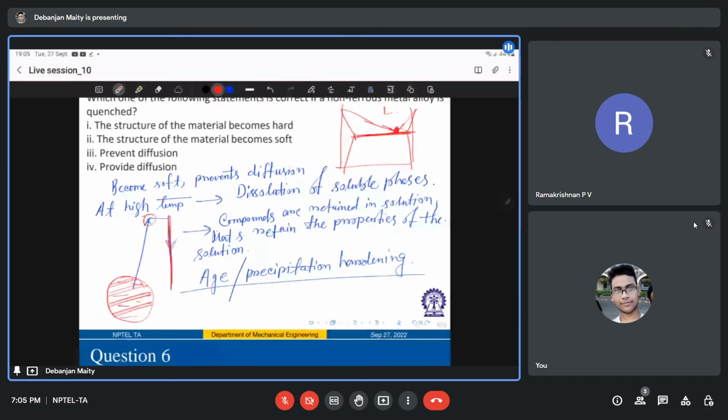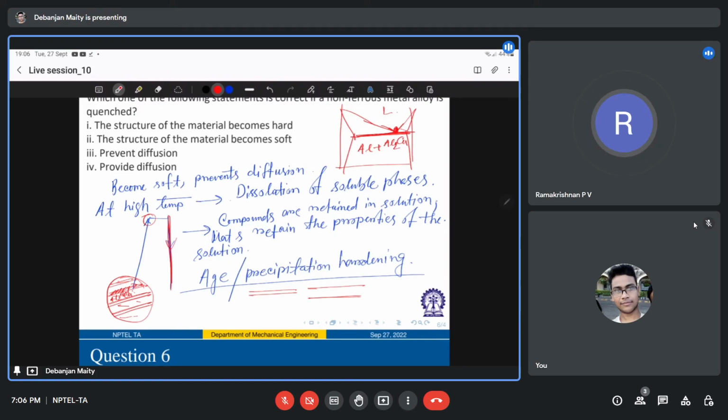If it is aluminum and copper, it forms aluminum and Al2Cu, a lamellar structure. One is aluminum and this one may be Al2Cu. With time, if you have a lamella like this, it can grow wider and wider.